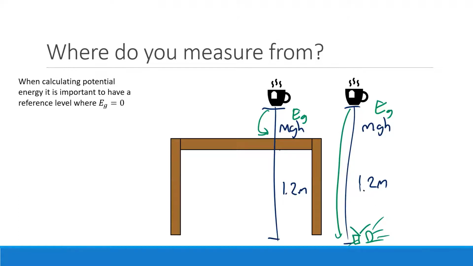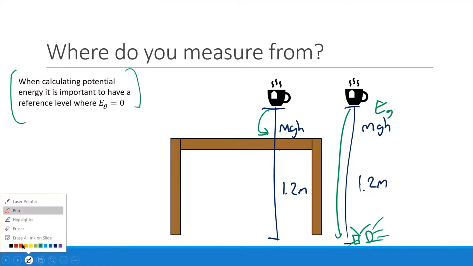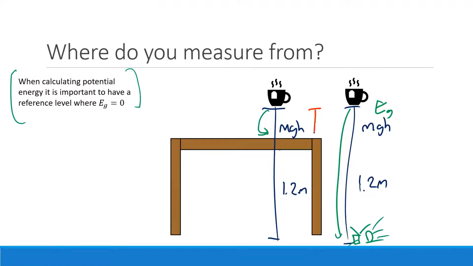When calculating potential energy, it is important to have a reference level, or E0, at a point where there is zero energy. So even though they both have the same gravitational energy compared to the ground, the one on the left has a different potential energy if you instead use the table.